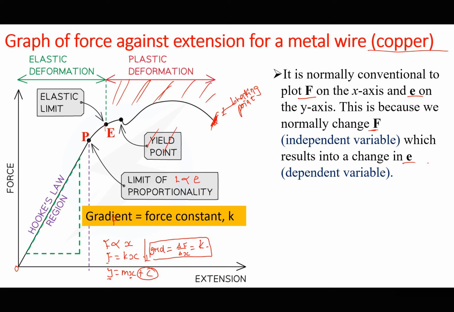If we are changing F to give a change in x, or a change in the extension, then many times it is better for us to sketch E against F rather than F against E. Even though F is the independent variable because it must be changed by the experimenter, and E is the dependent variable because it depends on the change in F. So you are going to see graphs of E against F or F against E, but the shape is almost the same, only that it bends towards the extension axis as shown in this graph.